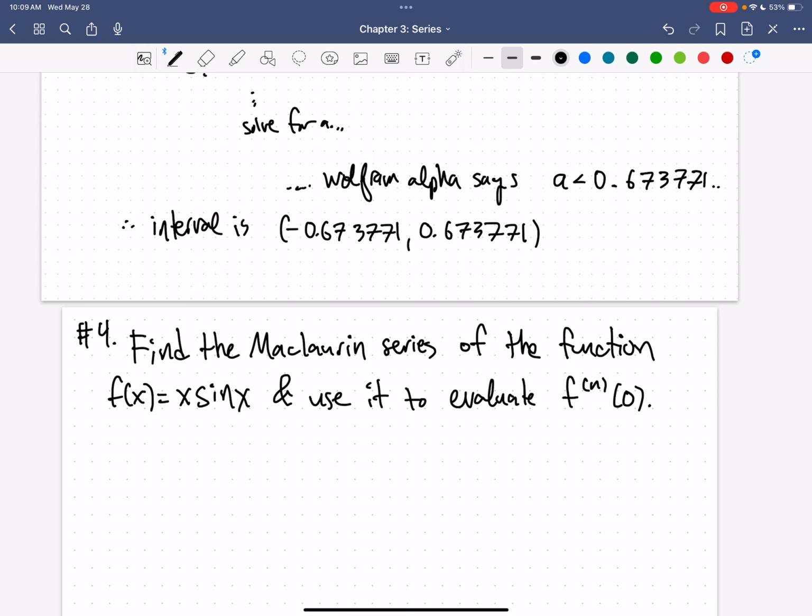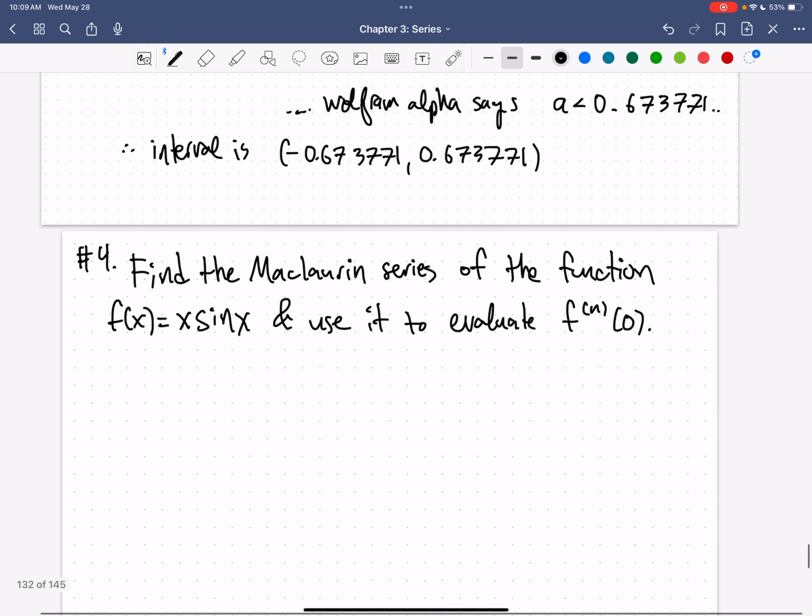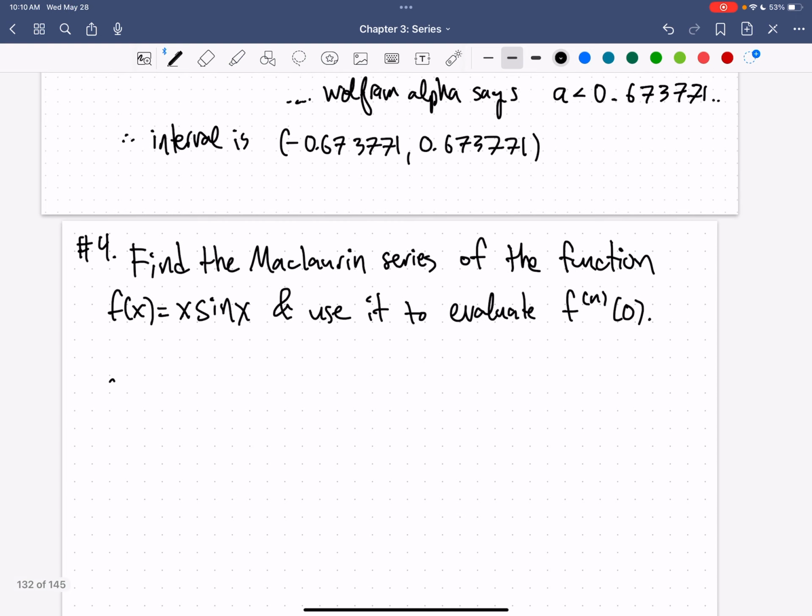So if we use what we've got already, well, we already know what the Maclaurin series for sine x is. We know that sine x is equal to the sum from n equals 0 to infinity of negative 1 to the n, x to the 2n plus 1 over 2n plus 1 factorial.